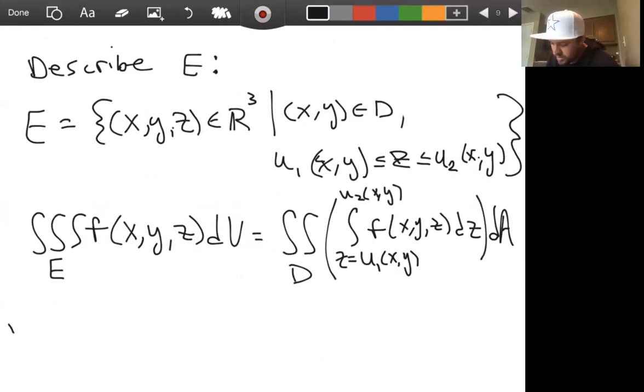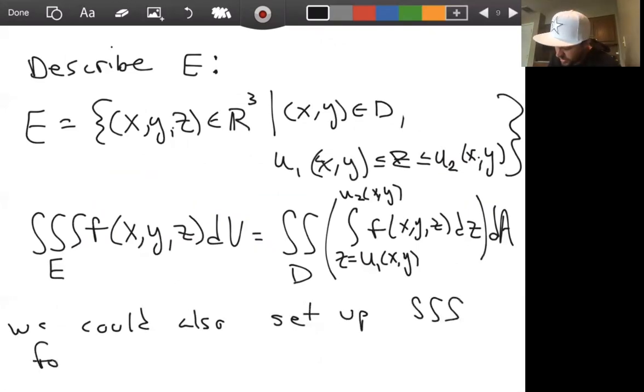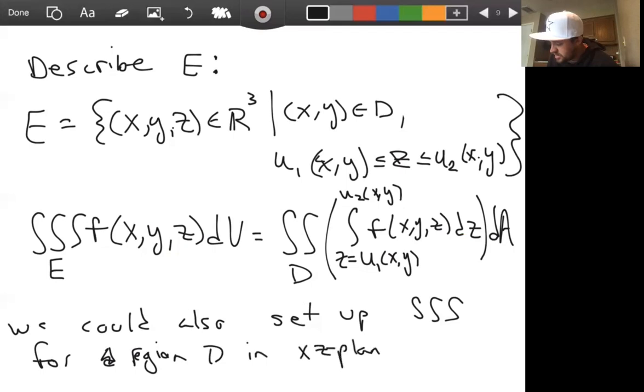We could also set up the triple integral for a region D in the xz plane or the yz plane, right?